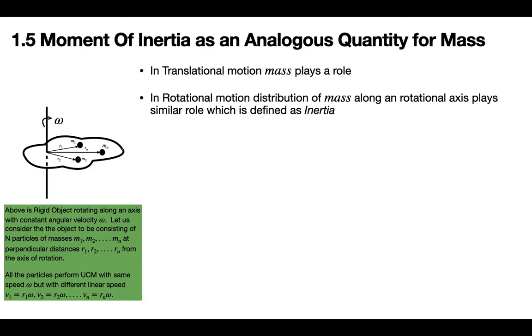Now, for example, here is a rigid body which is rotating around an axis with angular velocity omega.